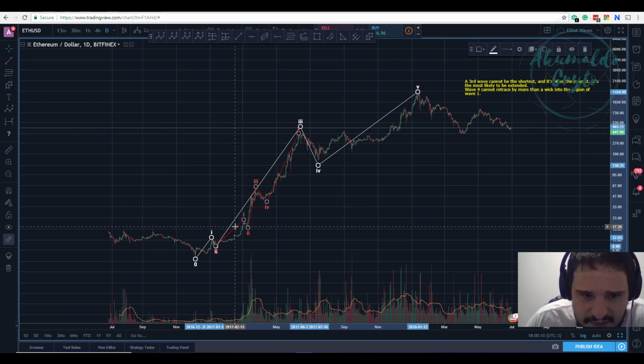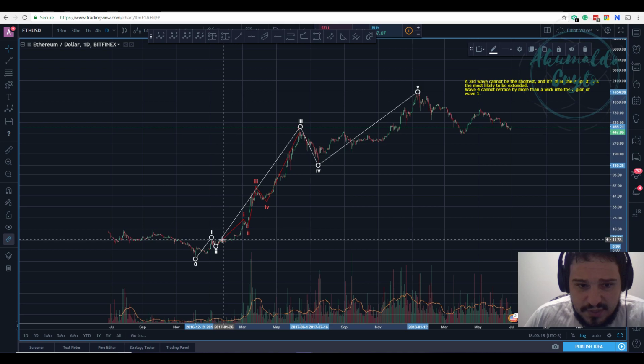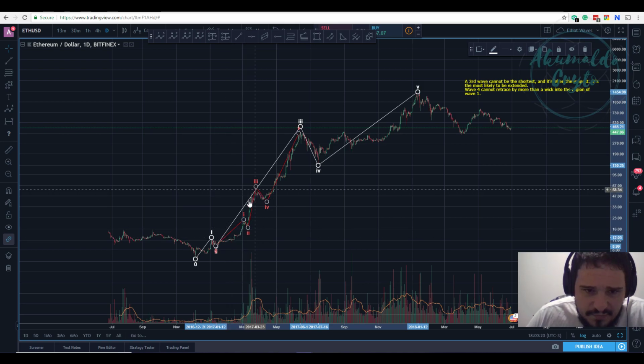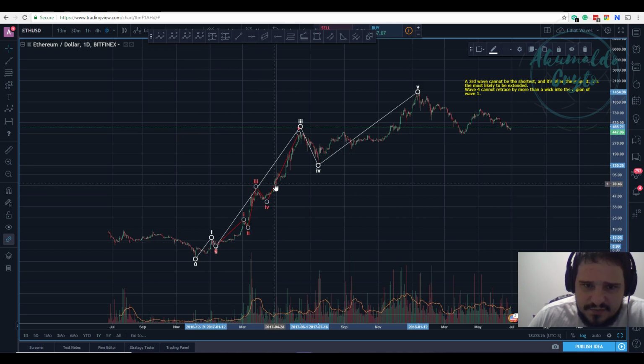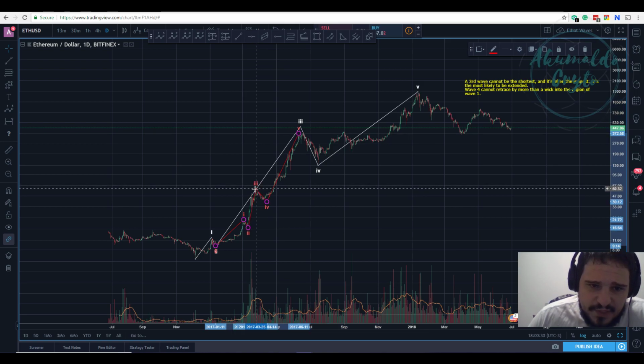Inside of this higher degree wave, we have a 1, 2, 3, 4, 5 waves, impulse wave structure that is following the same. You see, if you compare this structure with this one, with this white one, it's not that different, right? Of course, wave 3 is shorter than wave 5 in this case, but it's not shorter than wave 1.